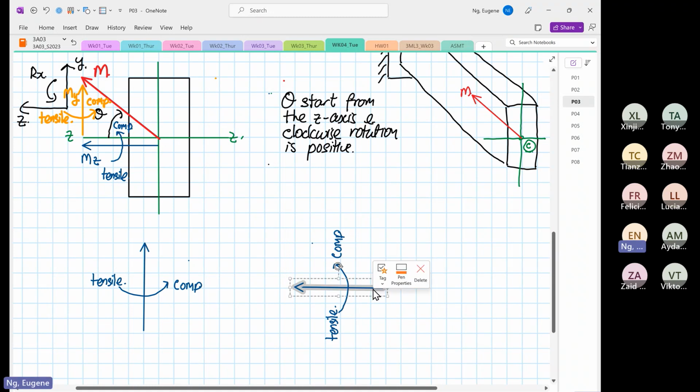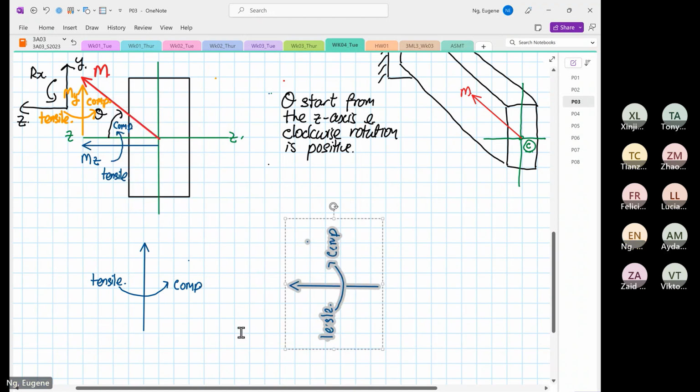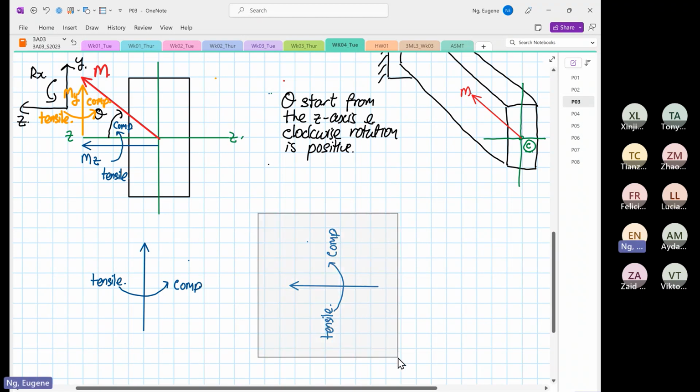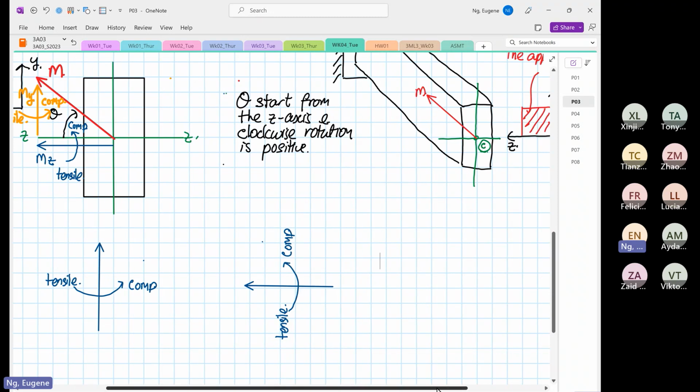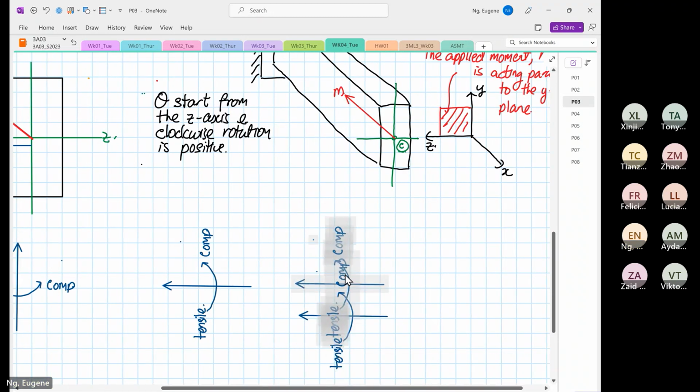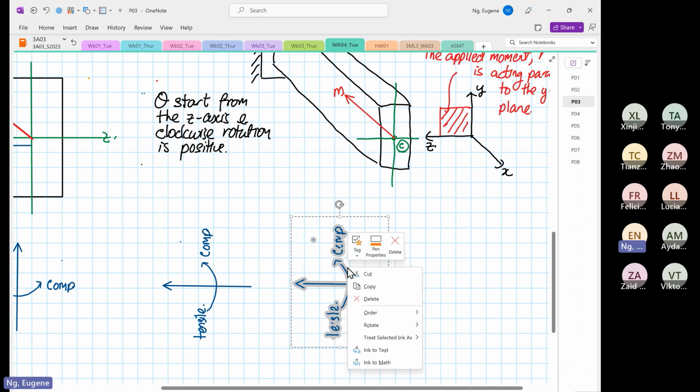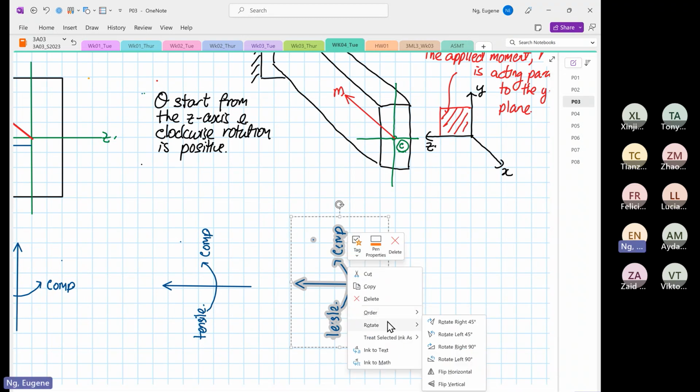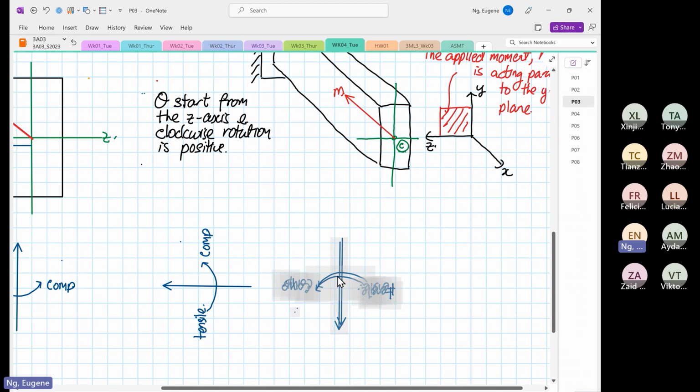If you look at this case, it's the same as this way, compression and tensile. Then you rotate your page another 90 degrees. If your moment vector is pointing downwards, tensile is on the left and compression is on the right. You again use the right hand rule, it's the same thing.